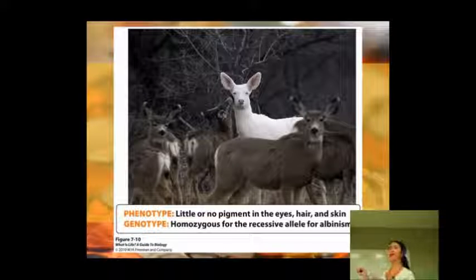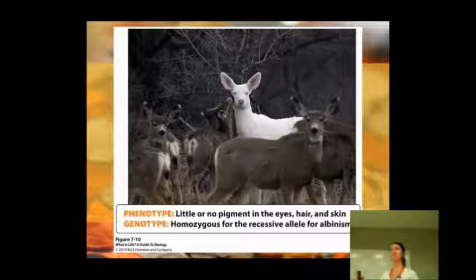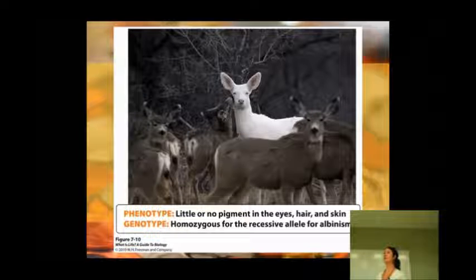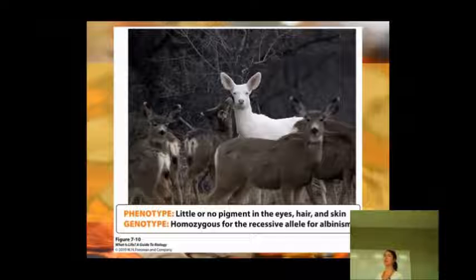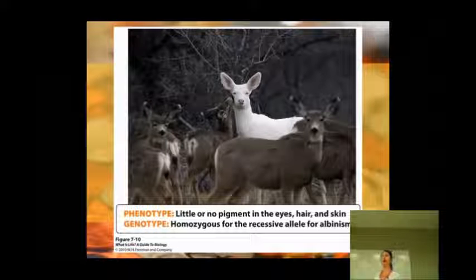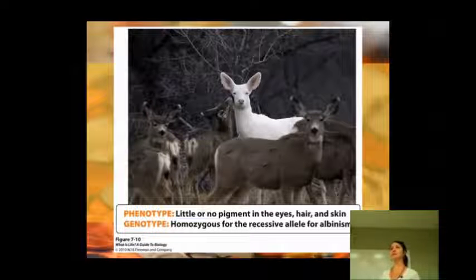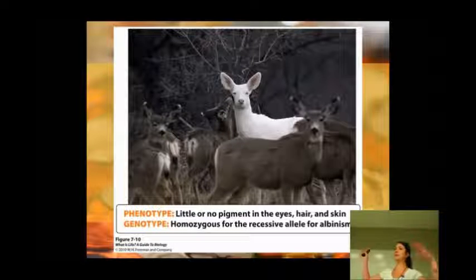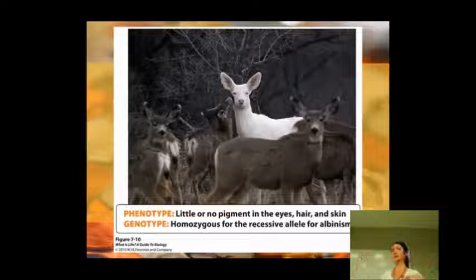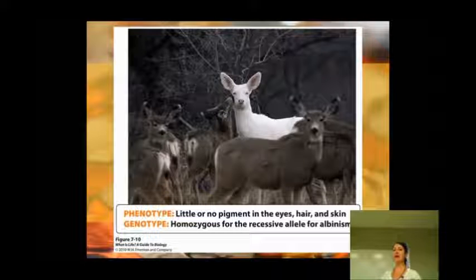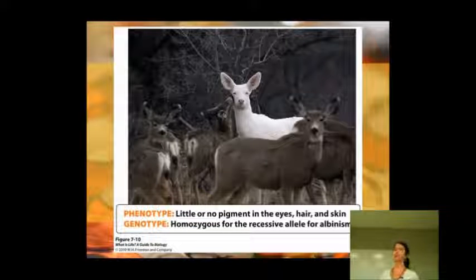Imagine if you're going out hunting, which is the first deer that you're going to see. So most of the time in nature, they don't make it past infancy because they're so easily picked off. If you've got no pigment in your skin, then the sun is beating down on you and you get skin cancer or sunburns, and it's not easy for these to survive.